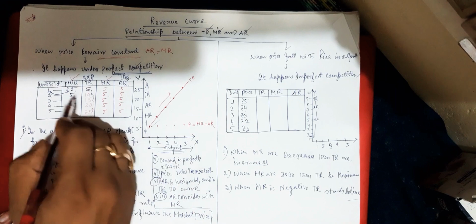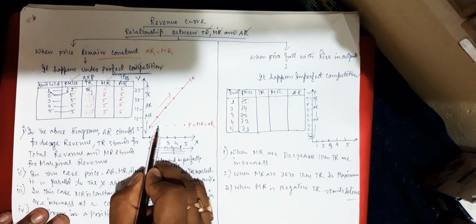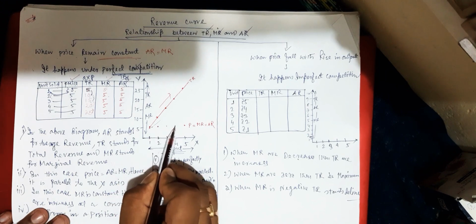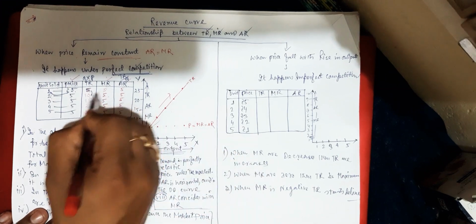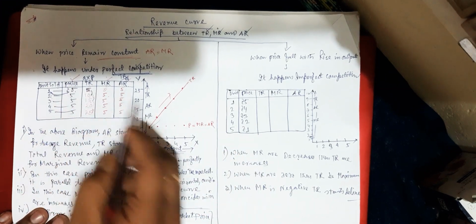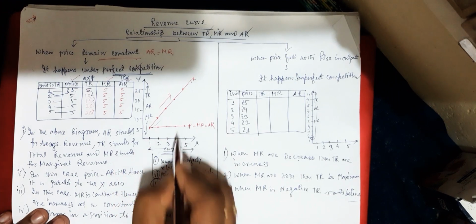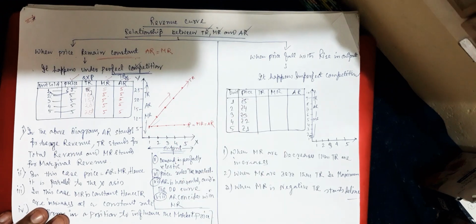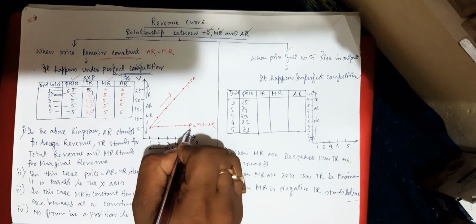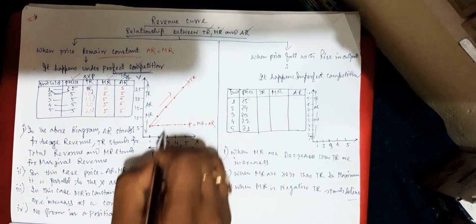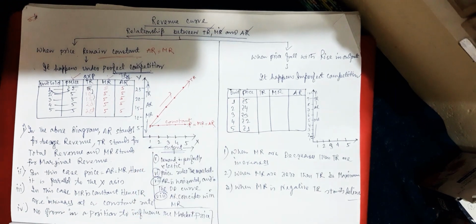See those values: when the number of units sold is 1, it is 5, and next 5, again 5, 5, 5. So price equals MR equals AR. The curve looks like that. So this is the slope of the price, MR and AR curve. Understand? This is constant, and this is rising.